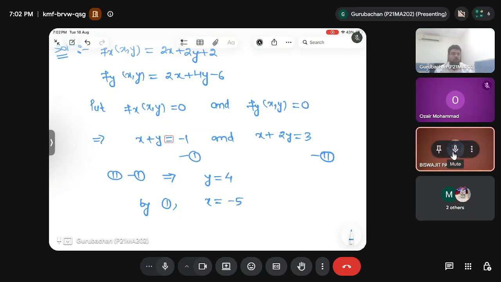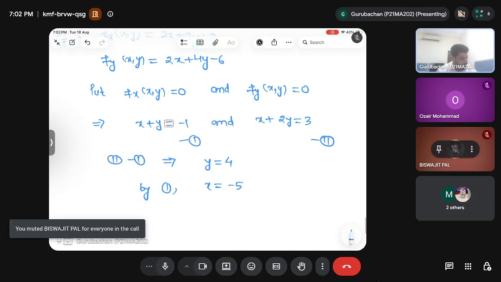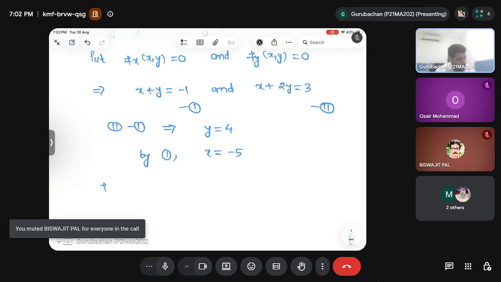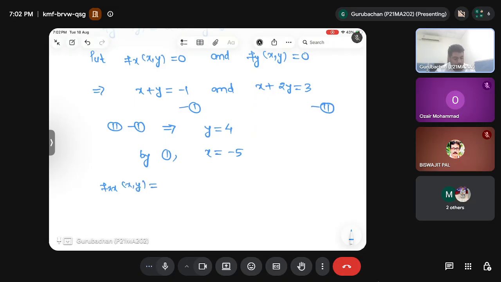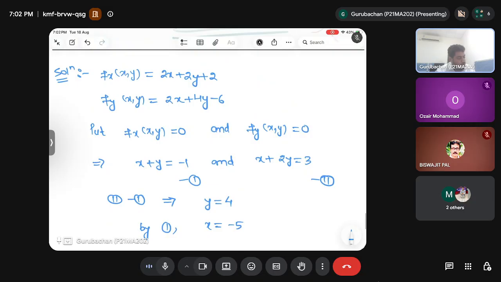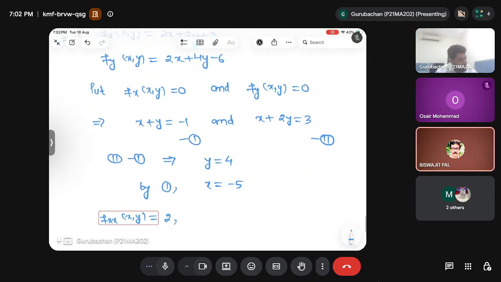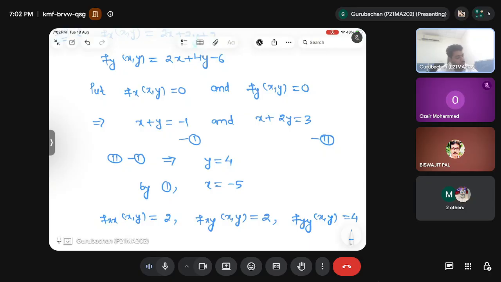So now you need to calculate fxx at (x,y). From this equation, fxx is 2, fxy is also 2, and fyy is 4.